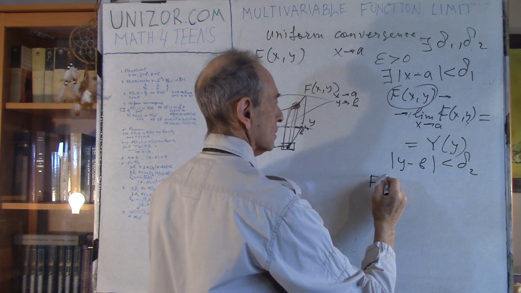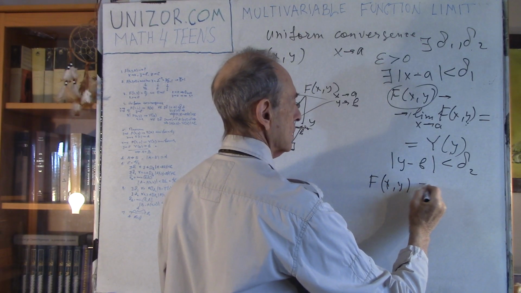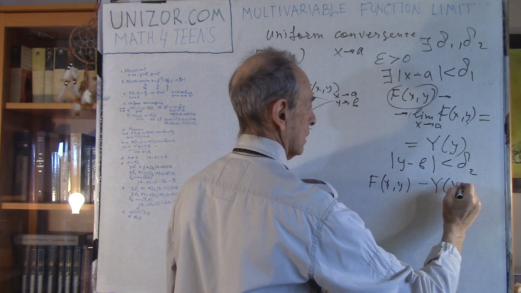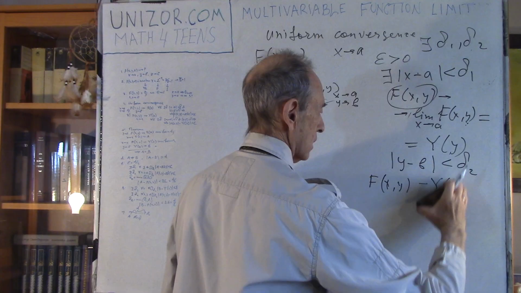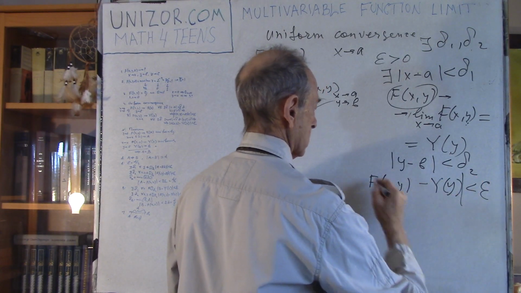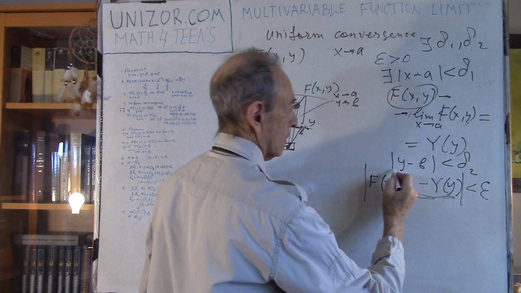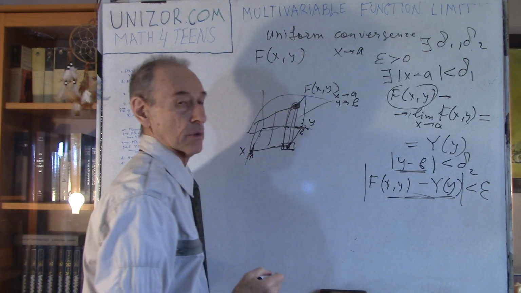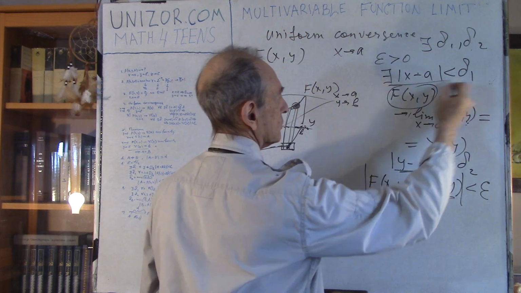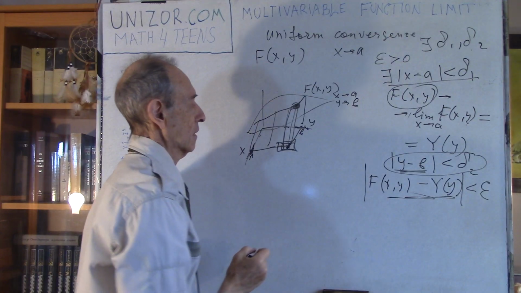Then the function of x and y would be different from phi of y, lowercase, by less than epsilon. So again, for any y within a certain neighborhood of its value, which means we are restricting ourselves for this one and for this one. So it's some kind of a rectangle here.